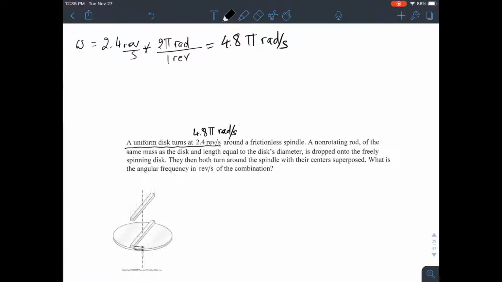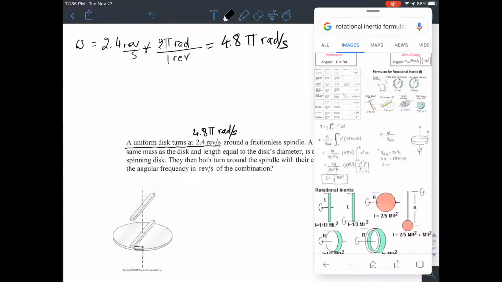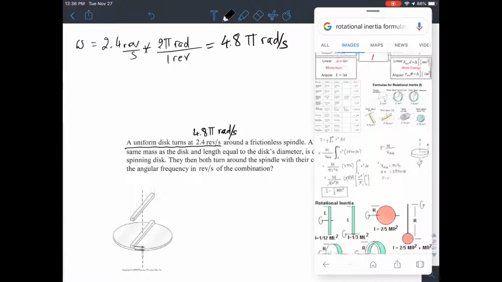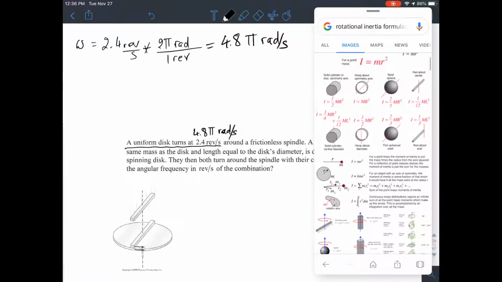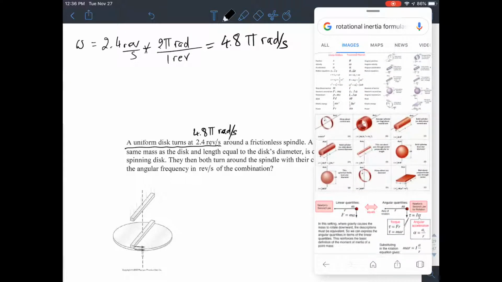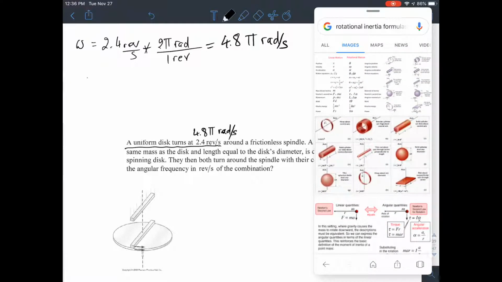That's interesting. So with any rotational motion problem, you need to find the inertia, because the inertia depends on the shape during a rotational motion. So if you go to your reference textbook or Google, you can find that, and there's a lot of formulas. If you look for a solid disk rotating through its center, you would end up with the inertia of a disk rotated through its center.